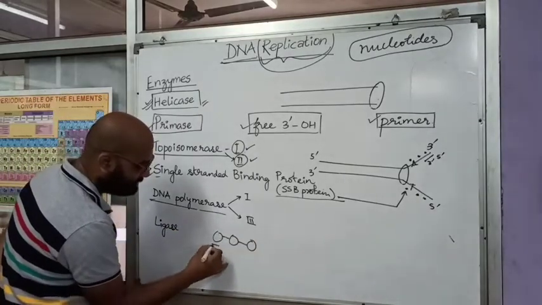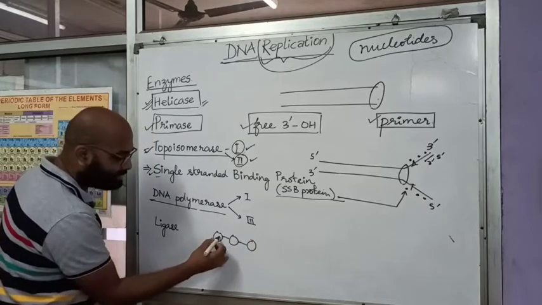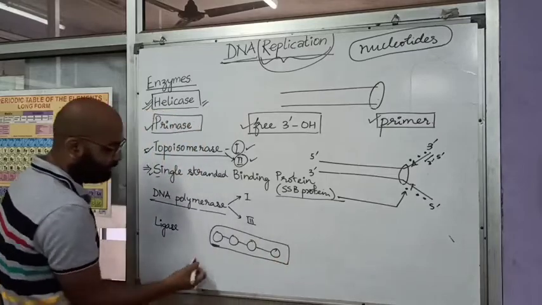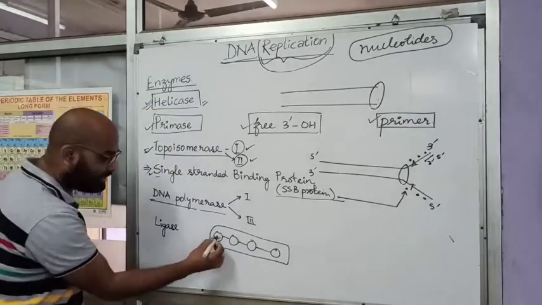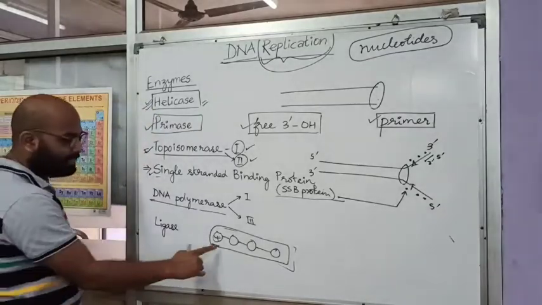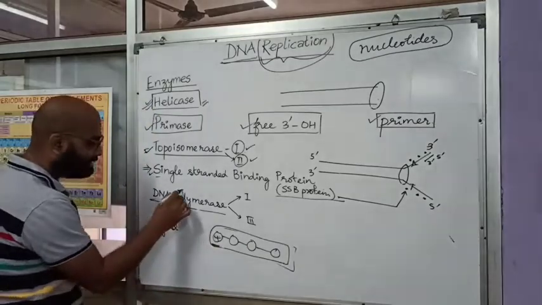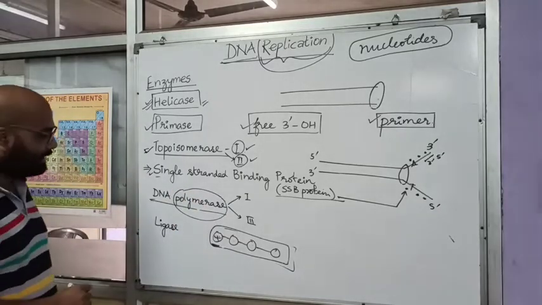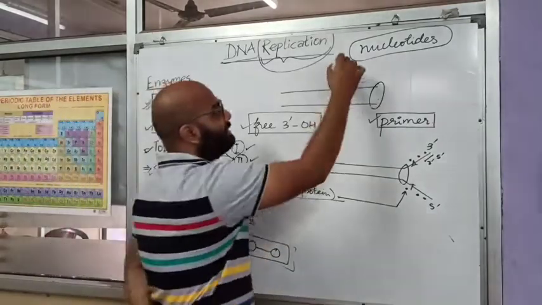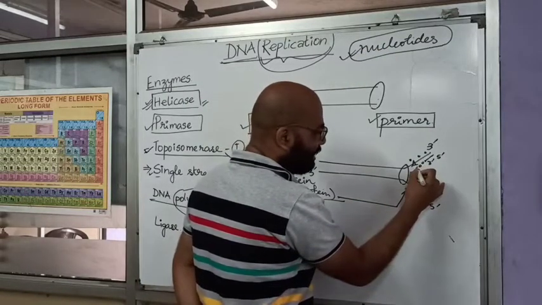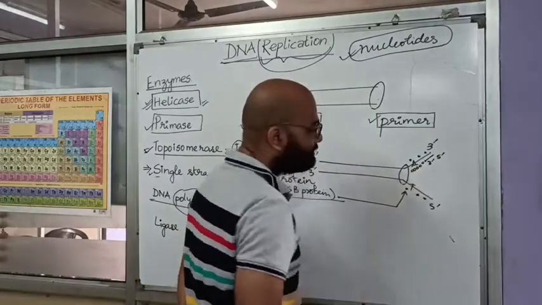Suppose this is a singular unit and you are adding the same thing again and again and making a complex of the singular unit, a repetition of the singular unit; that whole structure we call a polymer. So this structure will be synthesized by the enzyme polymerase. What it does, it adds these building blocks one by one in this fashion.